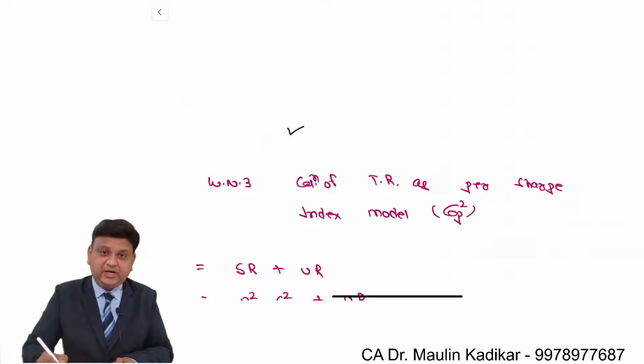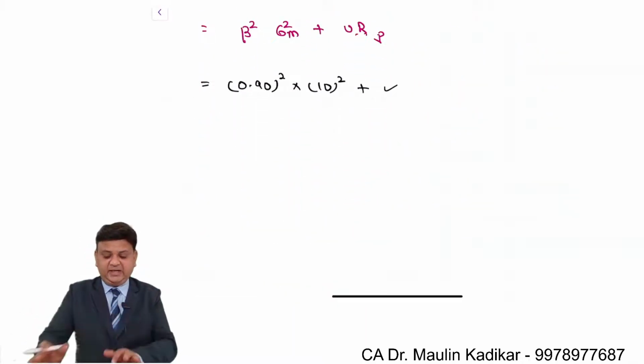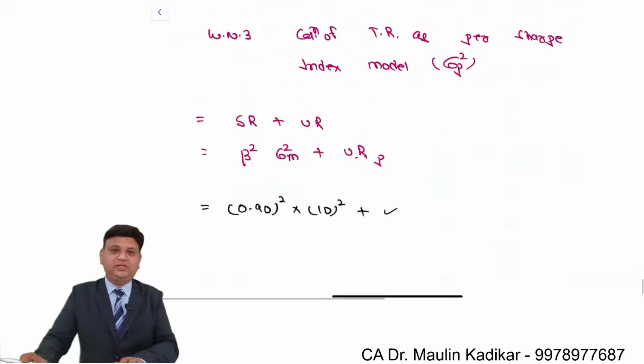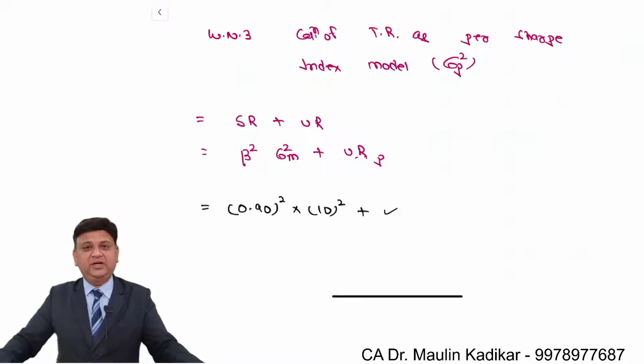That we are going to take from here. Both of them will be added, and that is the way we'll compute the total risk. Whatever the total risk that we have is in the variance term. Under root of the same will be standard deviation. This is the way we are required to compute the answer of the question in terms of calculation of the standard deviation of the portfolio using Sharpe index model.